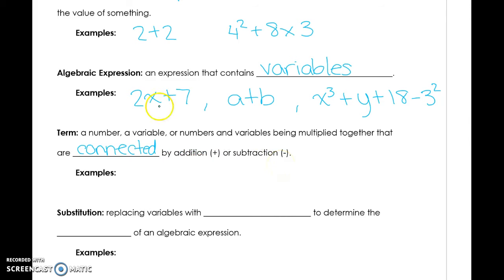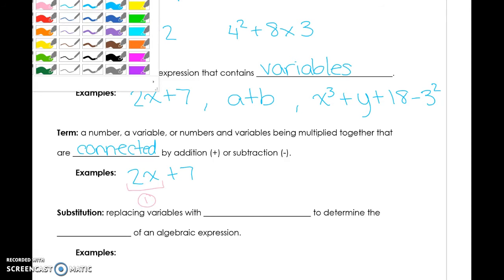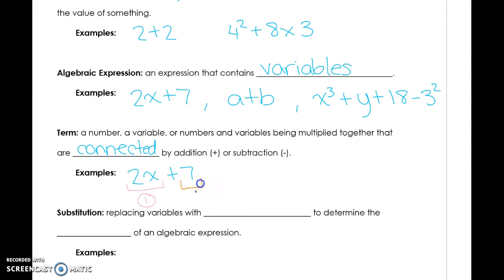So, if I take this example from above, I have 2x plus 7. So, I have one term here, 2x, that is one term. And then next to it, the number 7, that is also a term. So there are two terms in this expression. Again, you can tell because they're connected by addition. So that separates our terms.